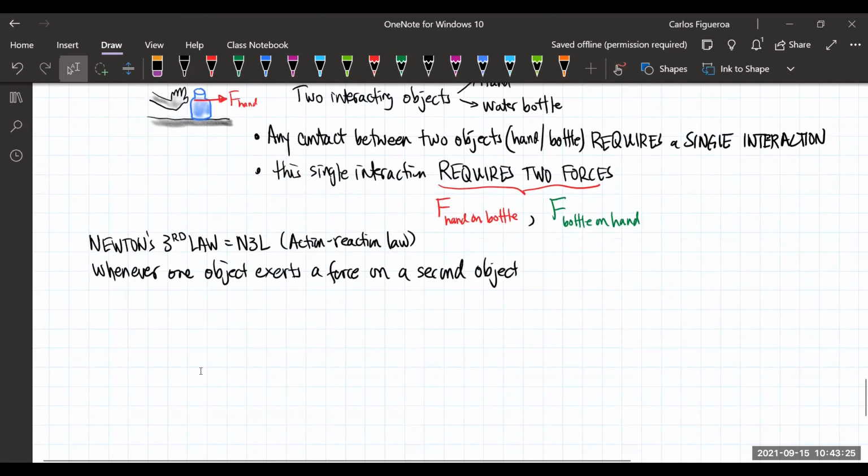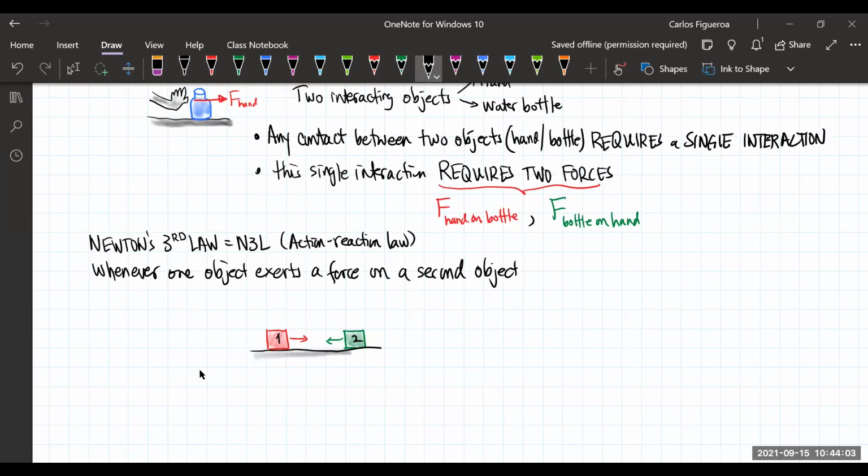Imagine that we have two blocks that are coming at each other. I'm going to draw a red block, moving in this direction, and I'm going to call that block 1. Then I have a second block moving in the opposite direction, which I'm going to call block 2. Of course, they're sliding across the surface.